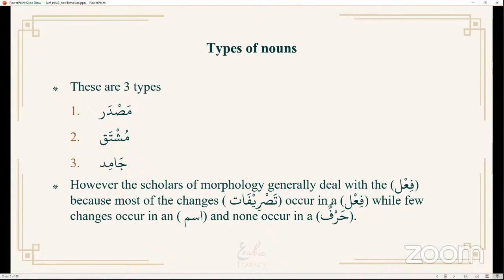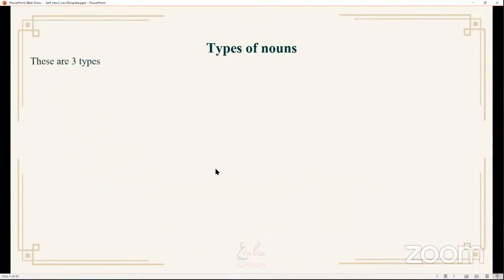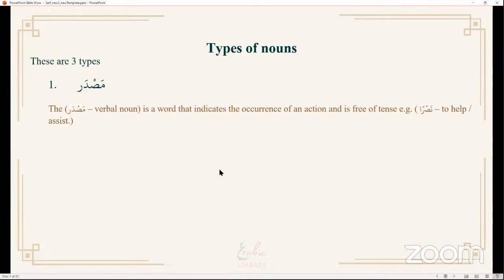So we are only taking those asma in which few changes happen, and making them part of our families, the abwab. Those which go through changes are mostly masdar and mushtaq. So what is masdar? I explained to you last time that it indicates the occurrence of the action. It doesn't show tense.